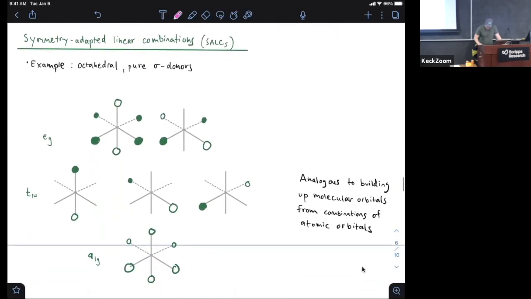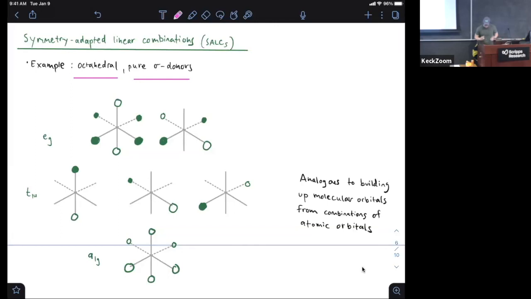And so we'll consider first the simplest case of an octahedral ligand set that is composed of pure sigma donor ligands. You could take this one step further by examining ligands that have more complex bonding, but we'll just leave it at this for the time being.